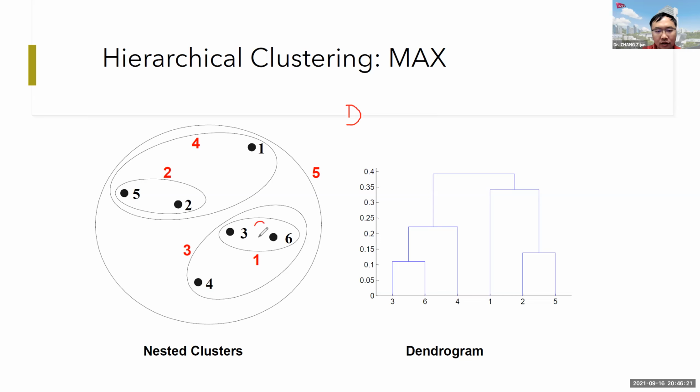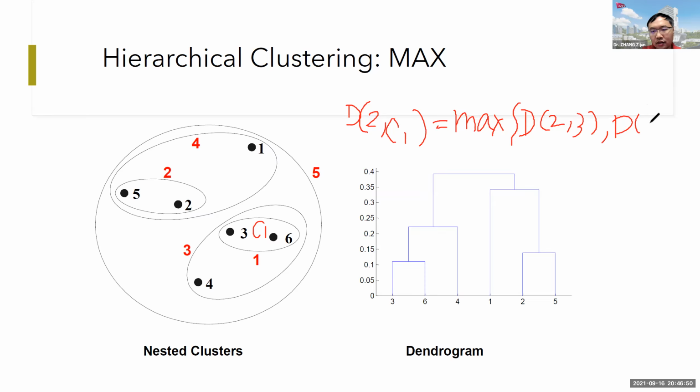If we denote the cluster of 3 and 6 as cluster 1, then D2C1 will be equal to the max of D23 and D26.